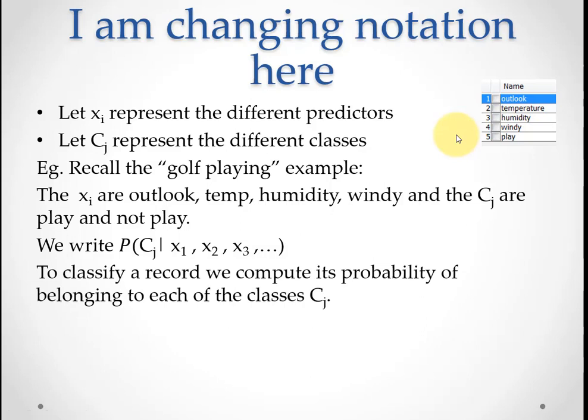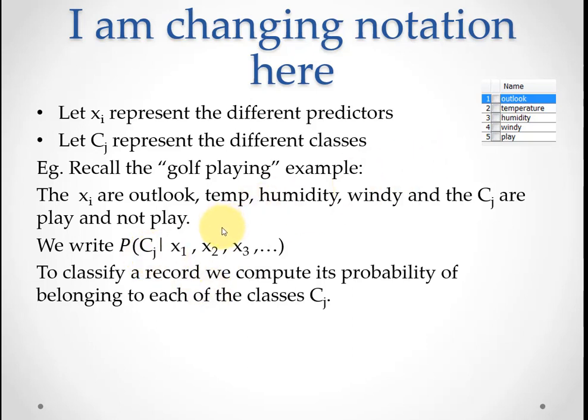So to classify the record, we compute its probability of belonging to each class. Let me just say that when we write the capitals, we're referring to the variables, but when we write small letters, we're referring to the values. So given a set of values for the variables, we calculate C1, C2, as many different classes as there are.